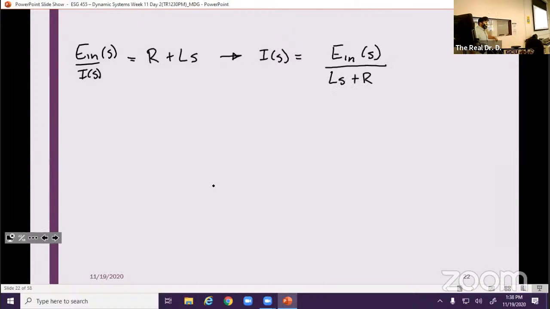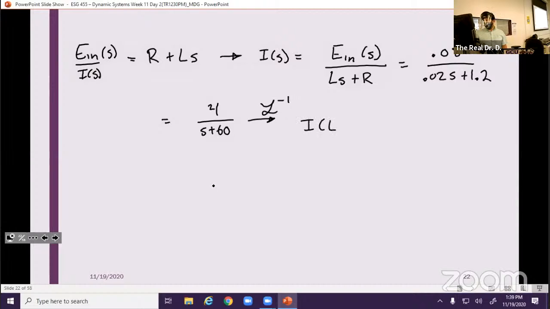Oh, hey, that is exactly what we got when we did it the other way. Because this is 0.08 over 0.02 times S plus 1.2, which is equal to 4 over S plus 60. And if I take the inverse Laplace transform, I of t is equal to 4e to the negative 60t.